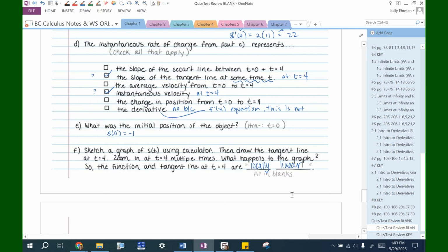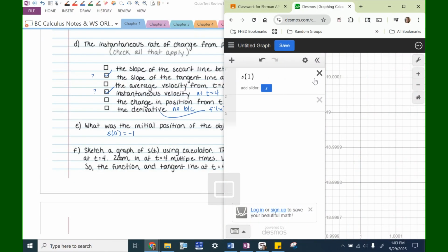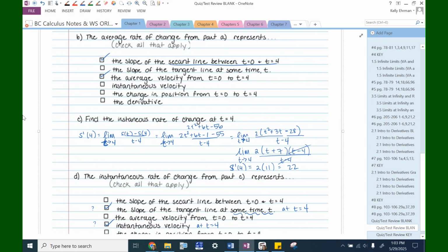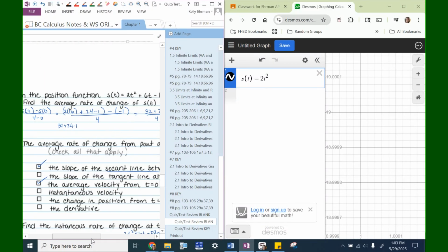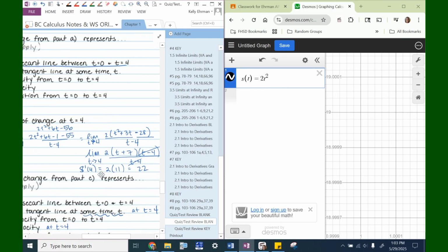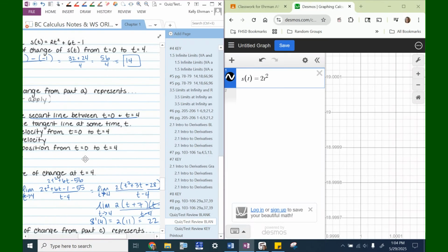We can go ahead and do that graph. Why not? Again, we can use Desmos to our advantage here. Start with s of t, which was equal to 2t squared plus 6t minus 1.